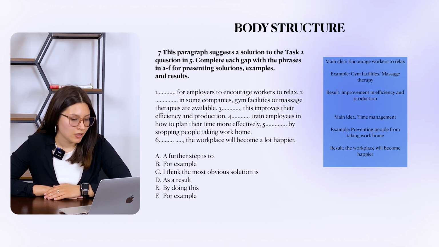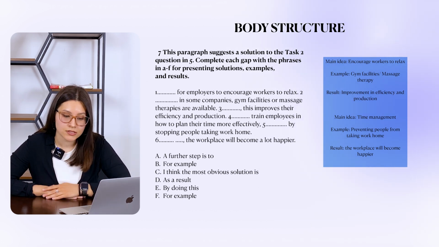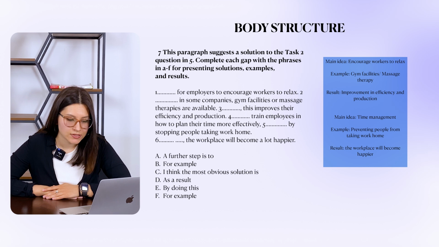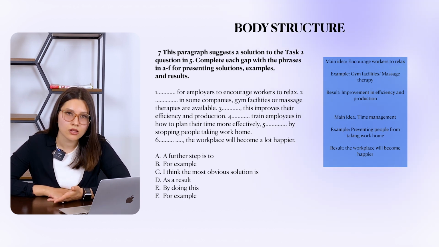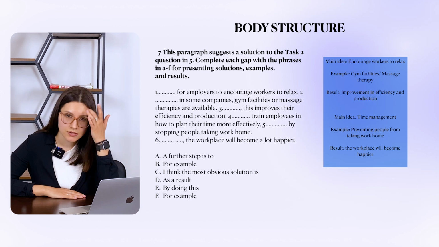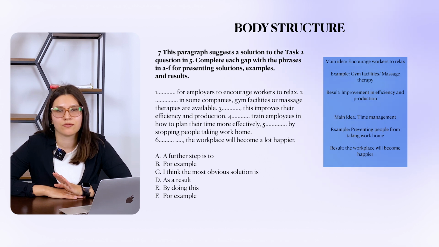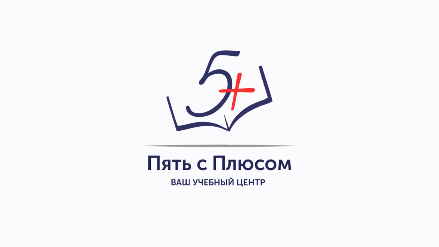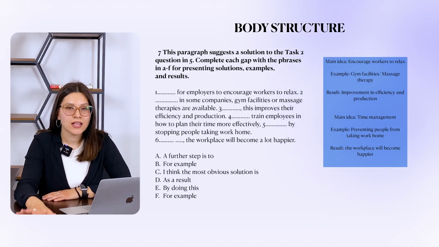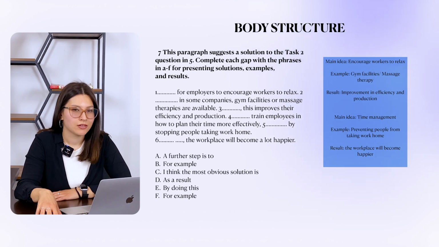And here you give an example. For instance, in some companies, gym facilities or massage therapies are available. Well, great, we've got 2 examples, and this sounds unreal, but it takes place in some of the well-known companies. The example is relevant to your topic sentence.